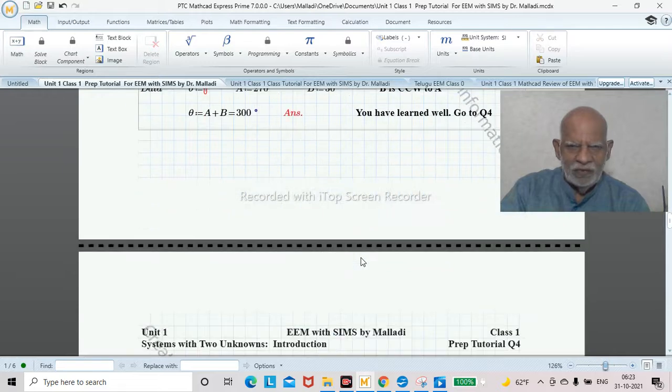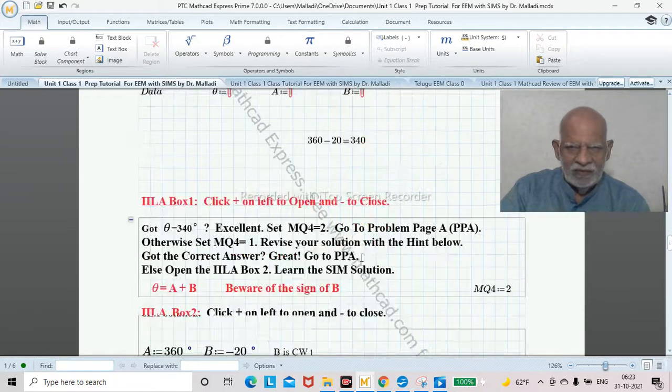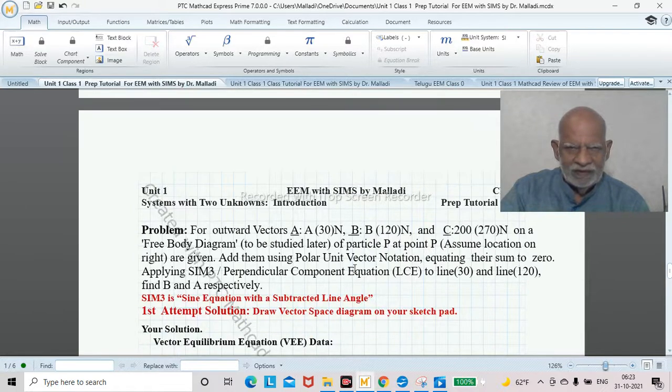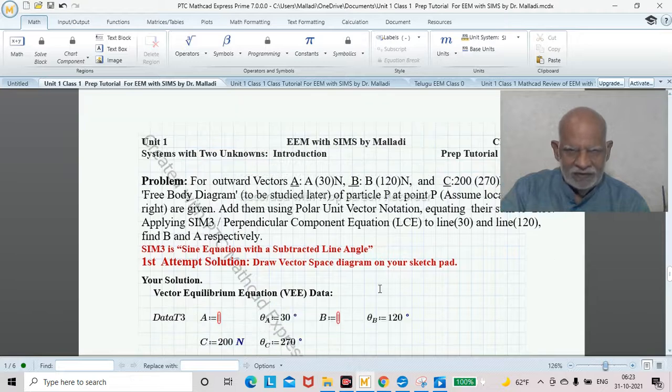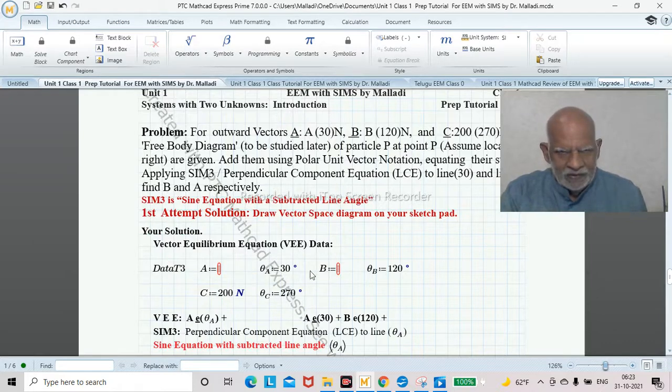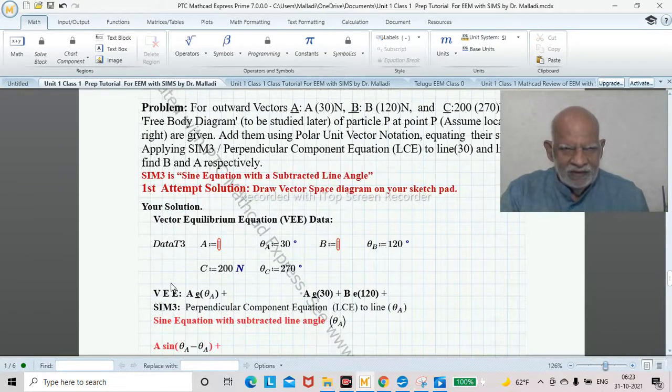So I got 8 points out of this. Then in the prep tutorial you have a chance to discuss. You put the data here, and then you write the equation, the vector equilibrium equation, like this, and then see this.